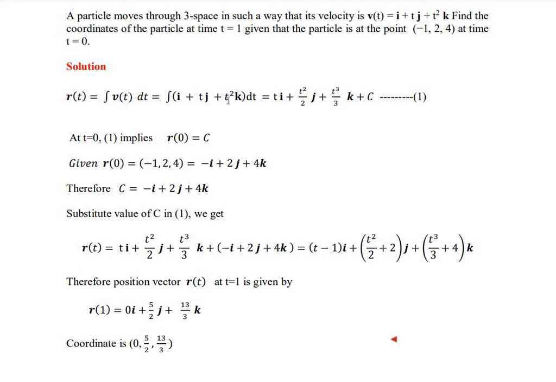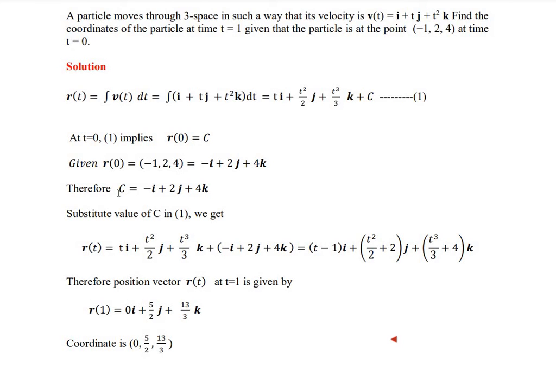Integral of the third component t² is t³/3 into k cap, plus c. Then at t = 0 you can find the value of c, that is r(0) is equal to c. Given that r(0) is (−1, 2, 4), you can write it as −i cap + 2 j cap + 4 k cap. Therefore c is equal to −i cap + 2 j cap + 4 k cap.